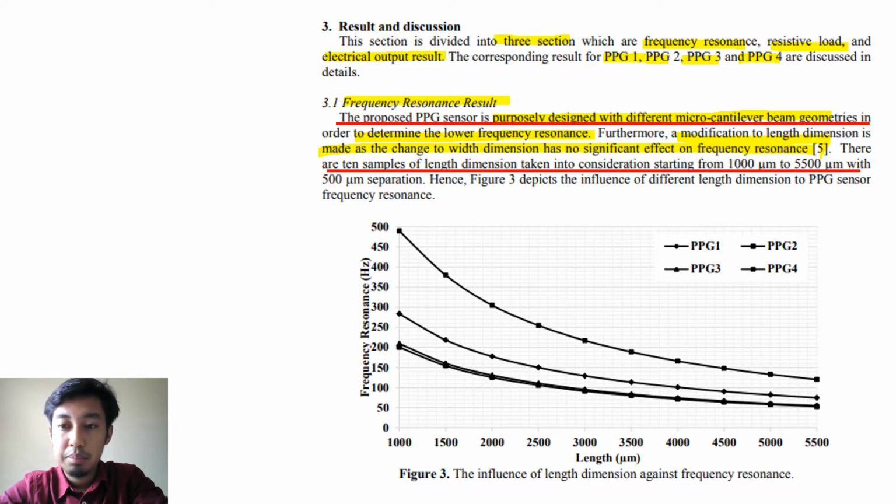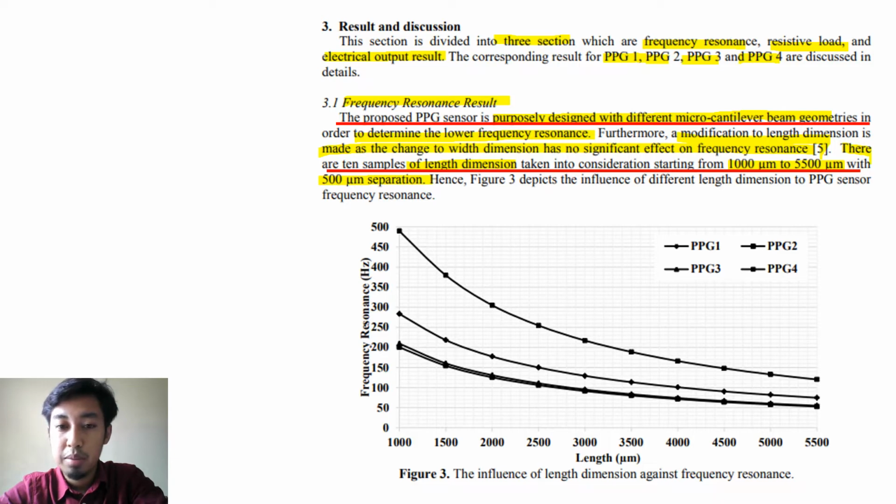There are 10 samples. Let's continue. There are 10 samples of length dimension taken into consideration, starting from 1000 micrometer to 5500 micrometer, with 500 micrometer separation. So it is very clear. They have a variable here.